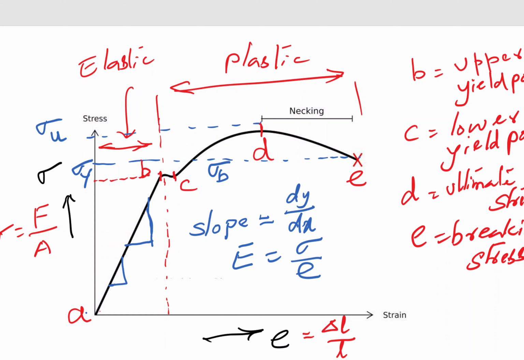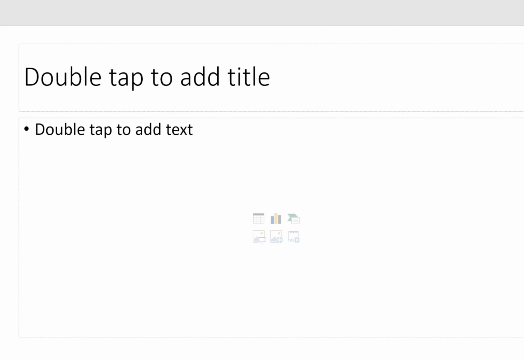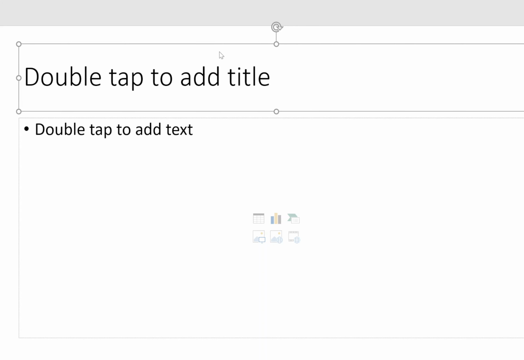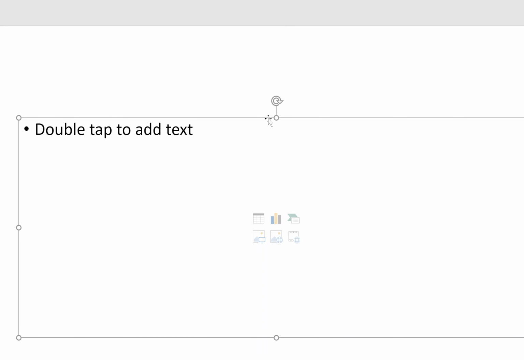Now, let me add one more slide here. I will add one more slide, insert a blank slide. Okay, now I will take this slide here. I will just remove this portion. How do we do it? Cut it and remove it. I'll just make it little.